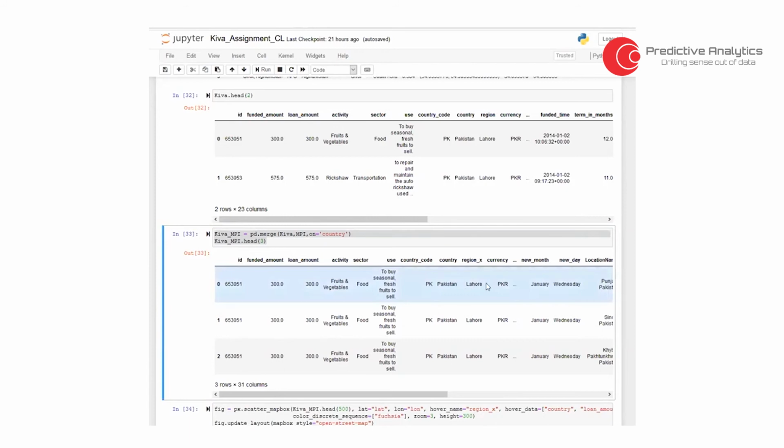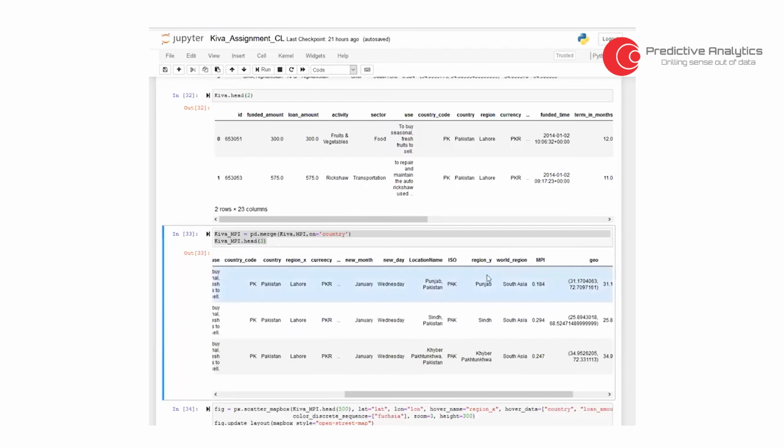When we went through this, I told you guys at your own time, kindly look at it, because the idea of region X and region Y suggests that there's one country in one data set, but it's not in the other data set that you're trying to merge it with, but it's still going to show you a result. So you have to be very careful about pd.merge. The resulting columns, region X, region Y, you have to know how to read that. So at your own time, again, kindly be very careful about pd.merge.